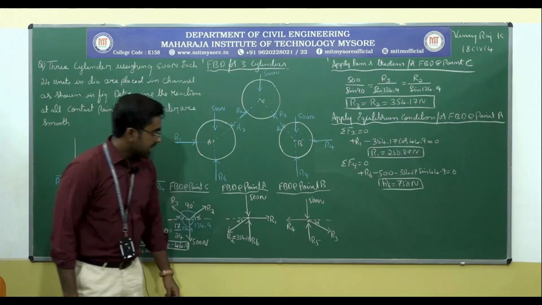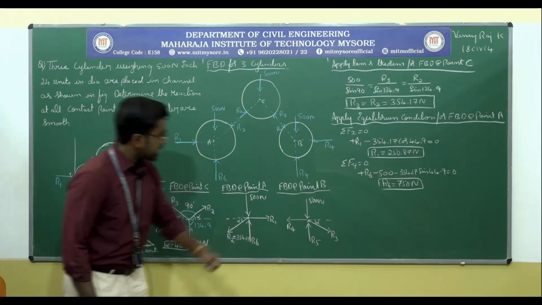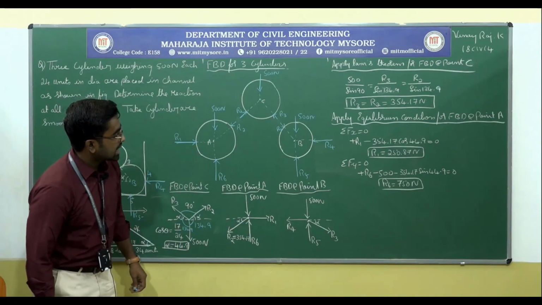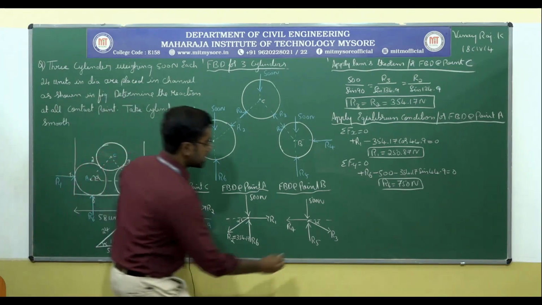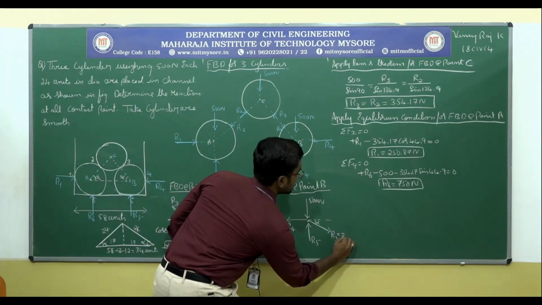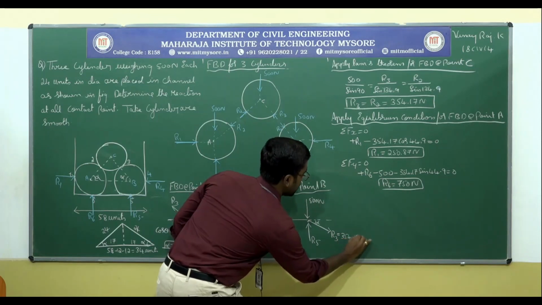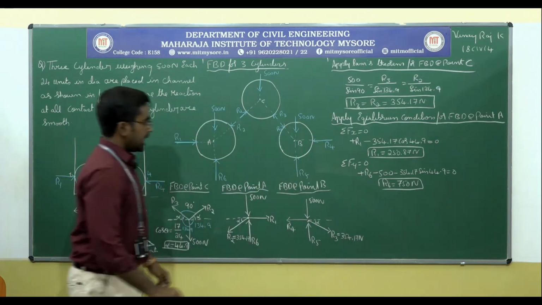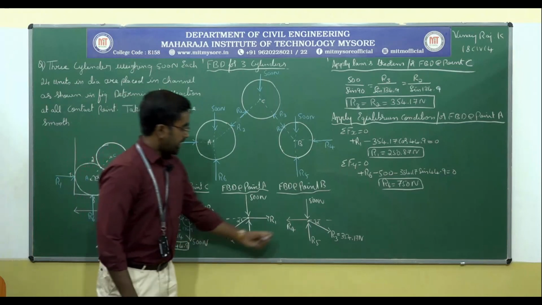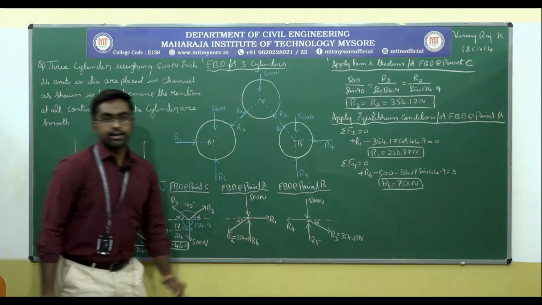In the same way, now I need to apply the equilibrium condition for this, in which I know the R3 value, which is 354.17 Newton. So now I need to calculate R4 and R5, right?